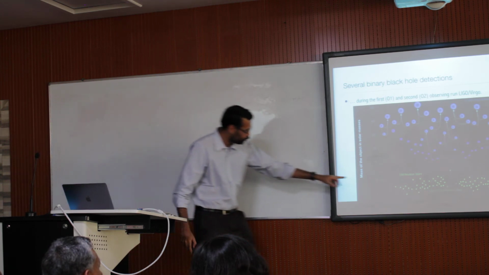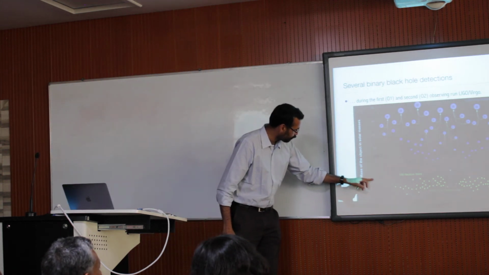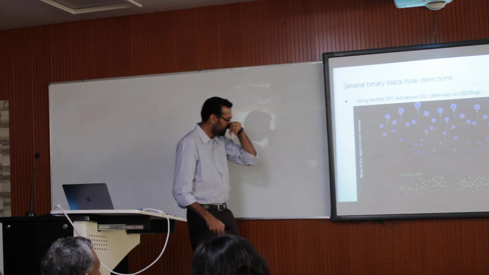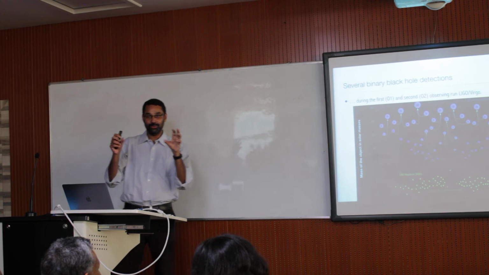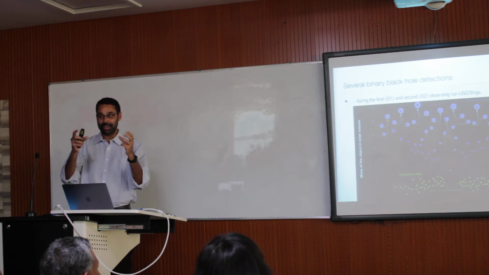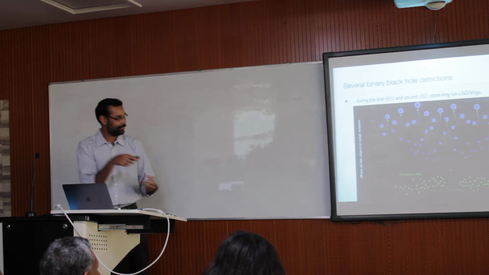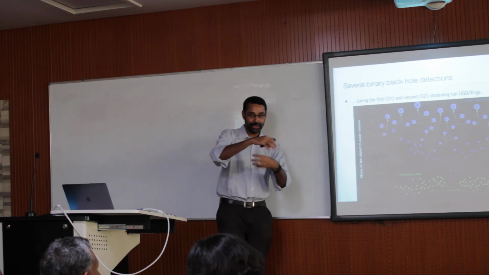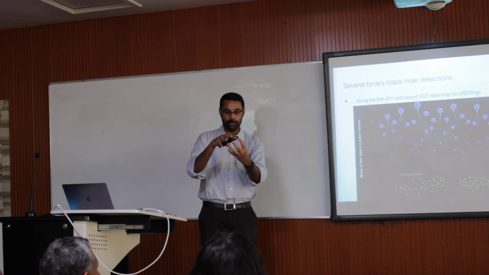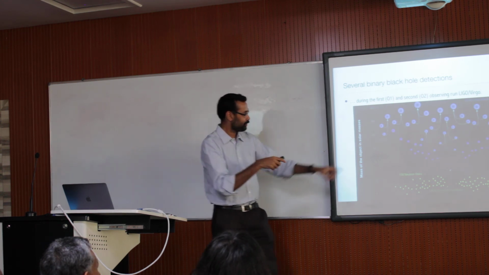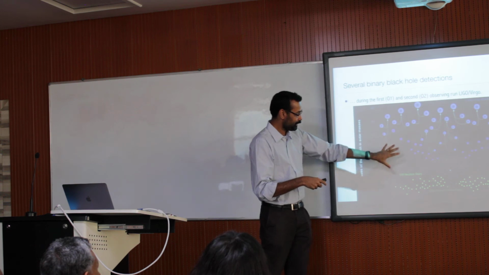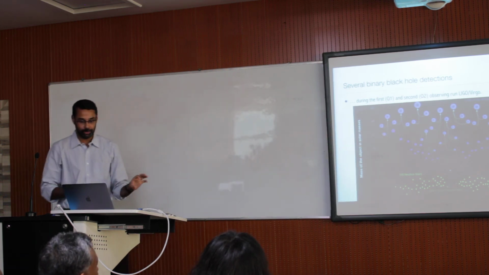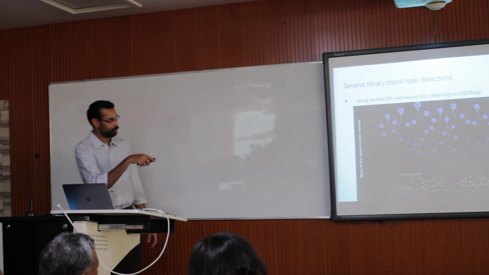So here is two solar masses, 5 solar masses, 10, 20, 30, 40, 80, etc. As you can imagine, a binary system consisting of two black holes with masses shown here and here would eventually spiral in and merge with each other, producing a more massive black hole, which is shown here. So this is a cartoon of all the black hole masses that LIGO has observed during the first two observing runs. There are 10 of them.